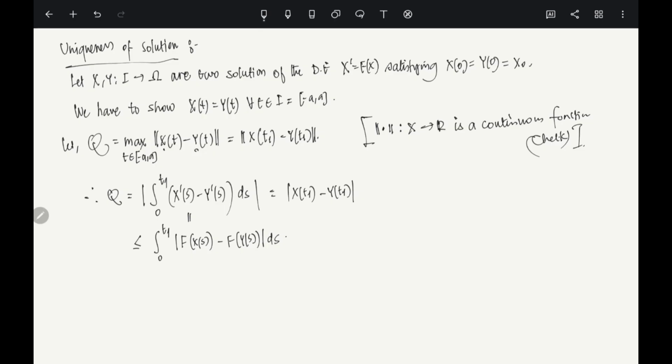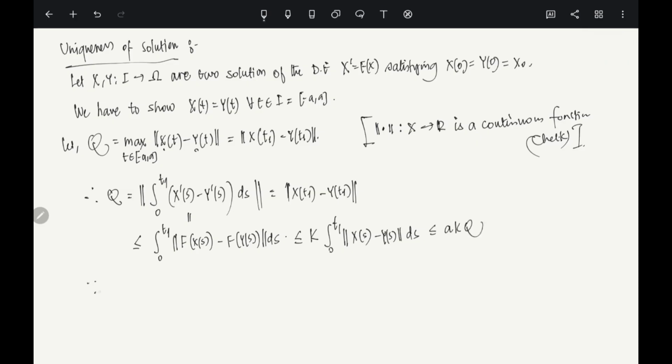Now f has a bound k, so this is always dominated by k times the integral from 0 to t1 of the norm of x of s minus y of s ds. These are all vectors, so these are all norms. So that is always dominated by a k q.